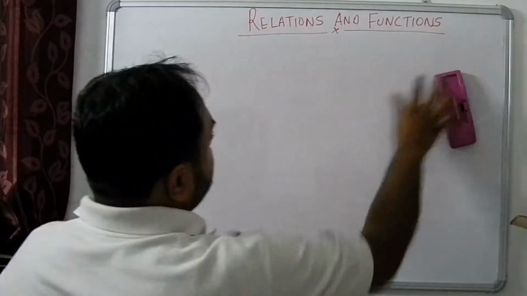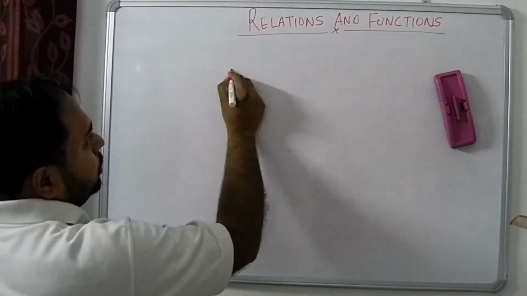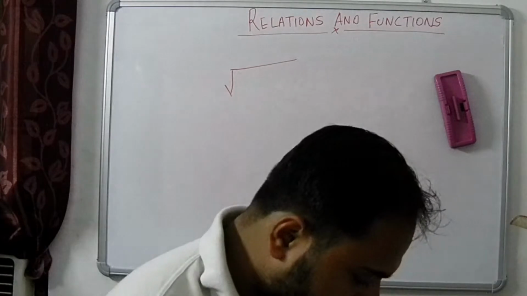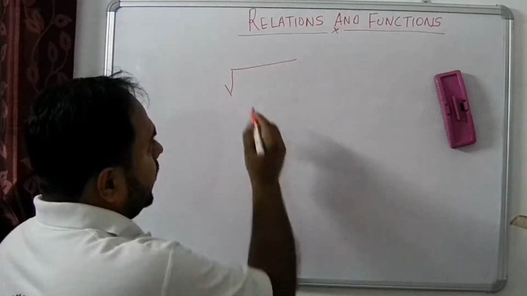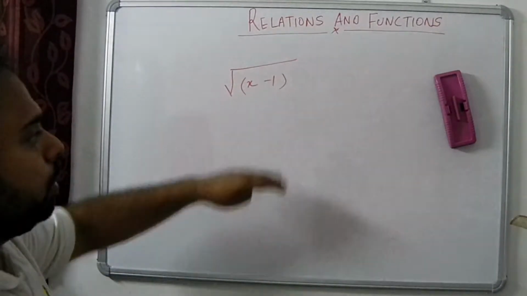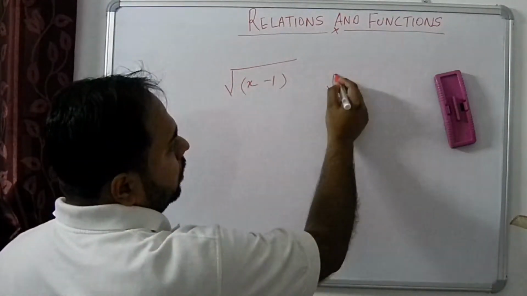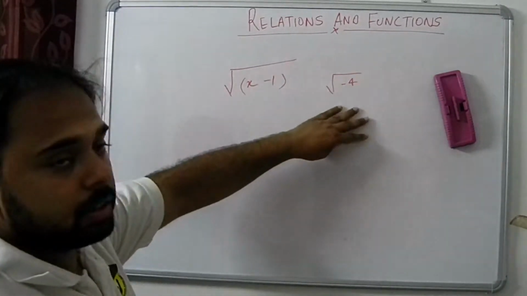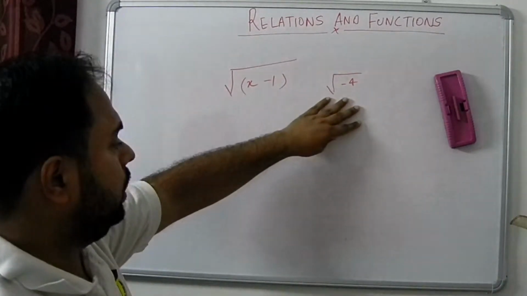Suppose this is a short question in NCERT wherein they ask, what's the domain of the function √(x − 1)? I know for this to be true, I cannot have something like a square root of −4. It's a problem of imaginary numbers.